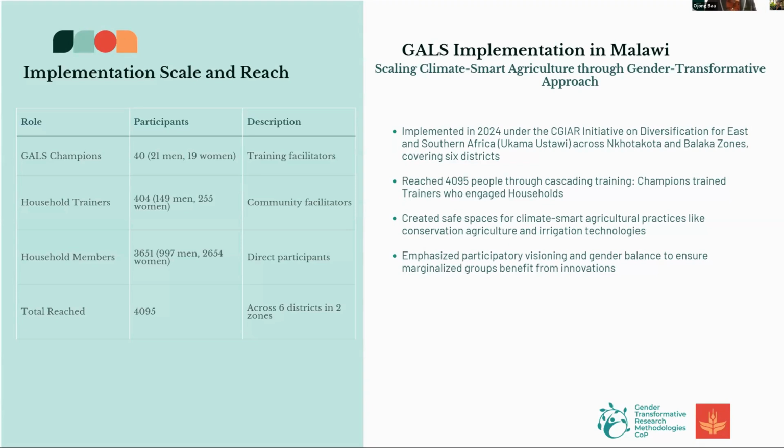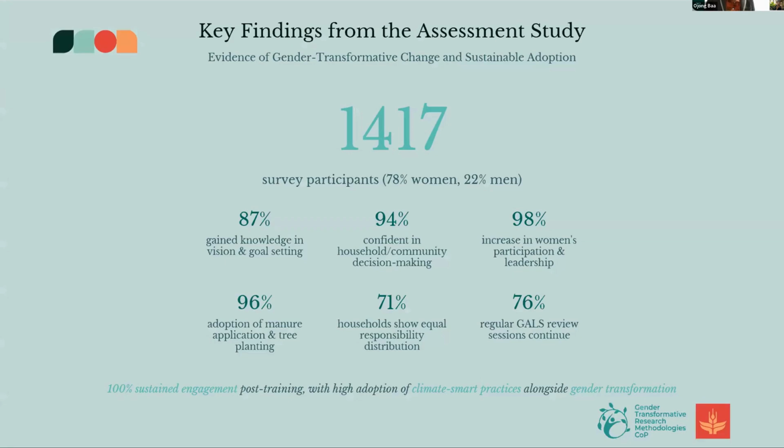We had them train households who also became trainers, and later became community facilitators. And this took us to a number of 404. Each of these household members who had been trained had the mandate to train participants directly. I think they were to train about 9 participants each. So in that process, we were able to get to 4,095.